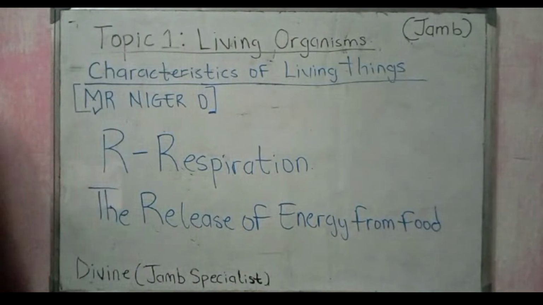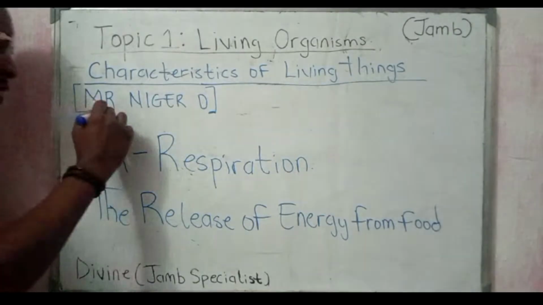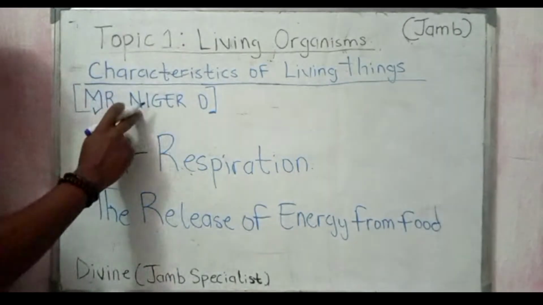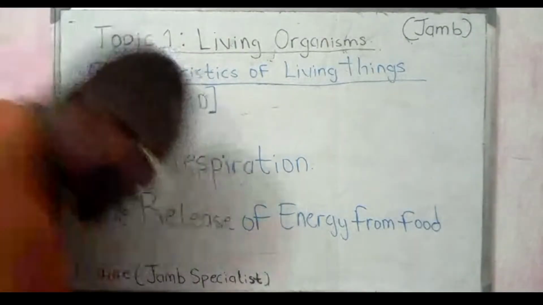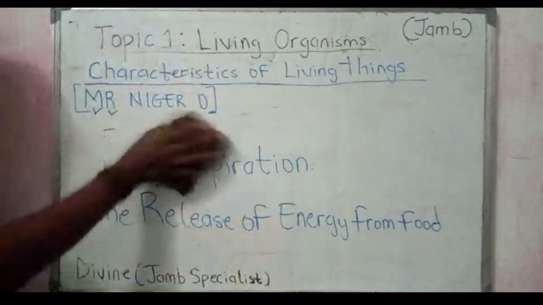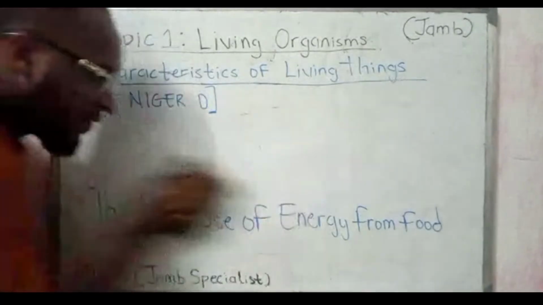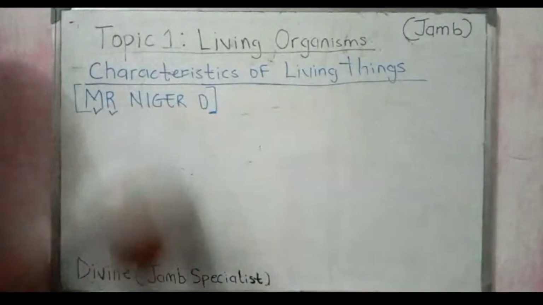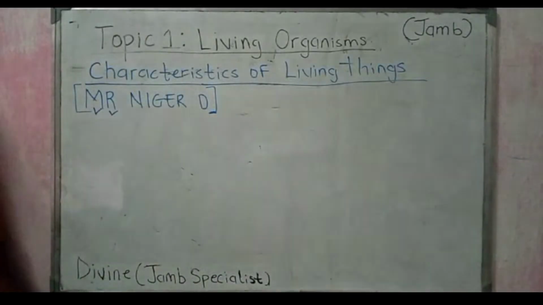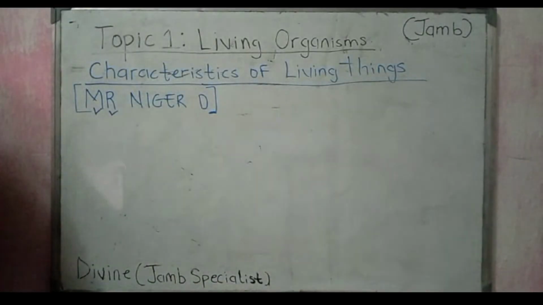So next up, let's look at something else. We are done with R. Now we'll move to what? N. N. What is N? What is N? If you know what N is, please drop it in the comment section. What is N? Let me know in the comment section what N is. If you have an idea of what N is, please let me know in the comment section.